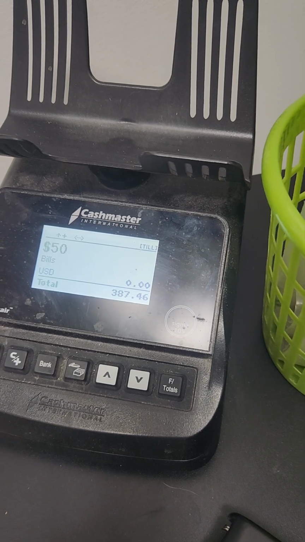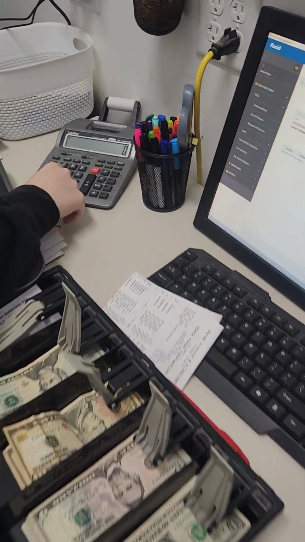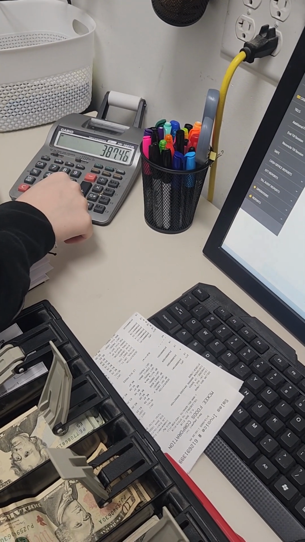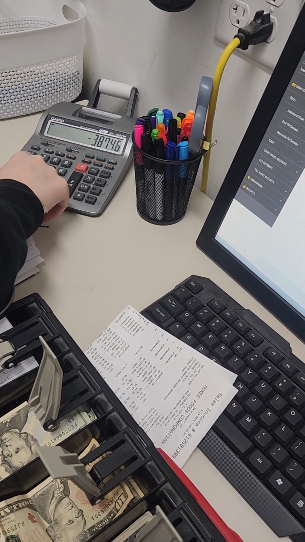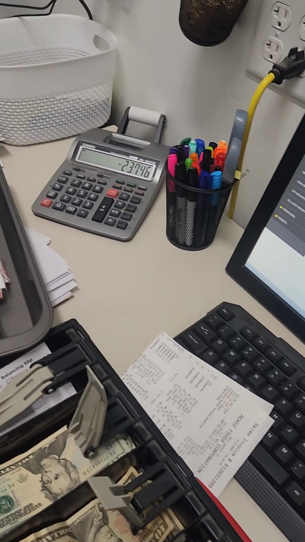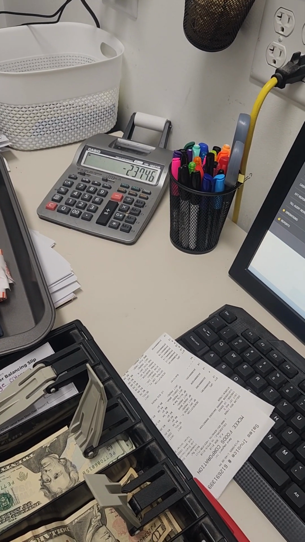Okay, so now we're going to take the number on the Cashmaster and type it into our calculator, 387.46, and subtract the 150 that was our starting bank. So what we need to pull from this till is going to be 237.46.